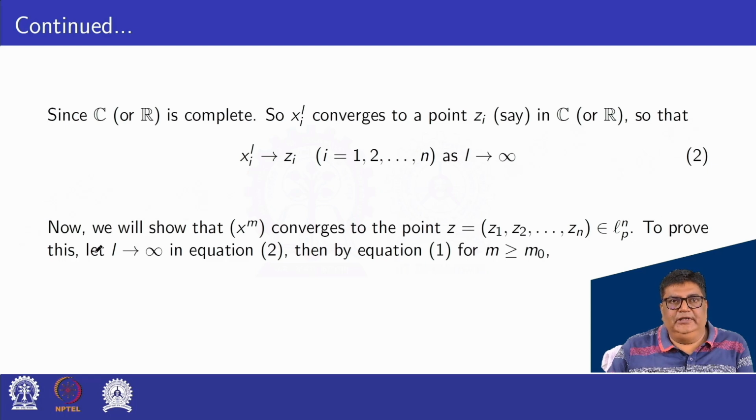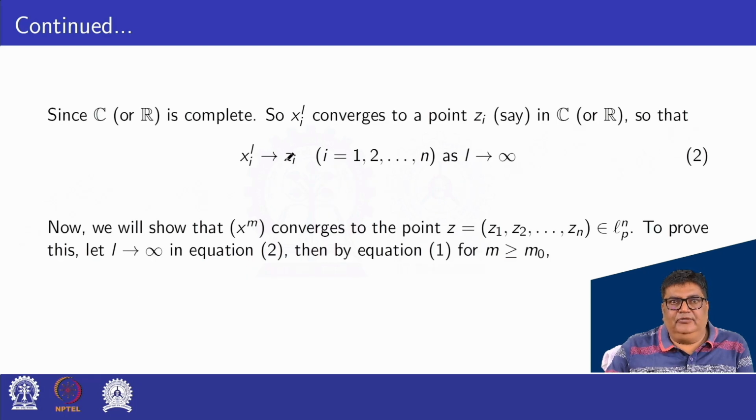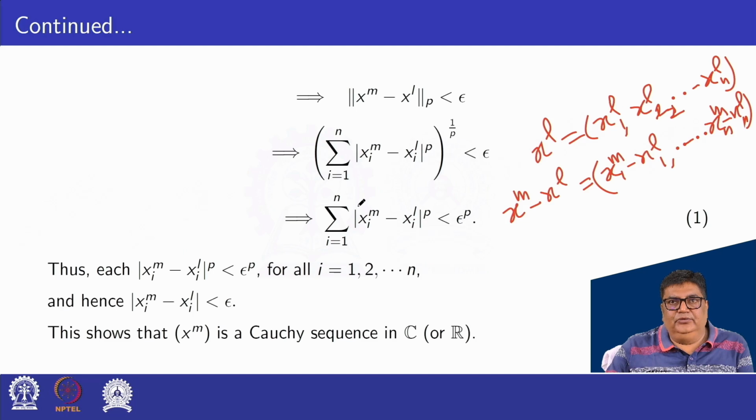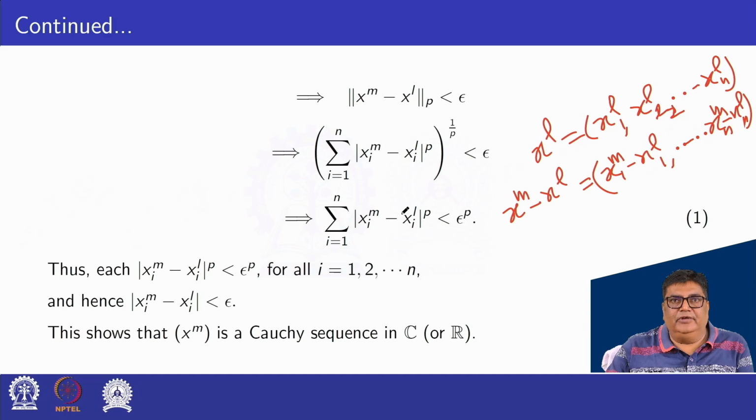To prove this, let l tend to infinity in equation 2, then by equation 1 for m greater or equal to m0, we have summation i equal to 1 to n mod xmi minus zi power p less than epsilon power p, because here xli converges to the point zi, using equation 2 in equation 1.